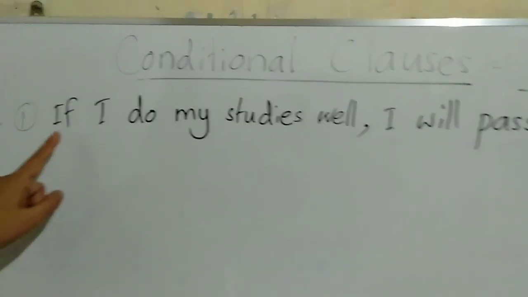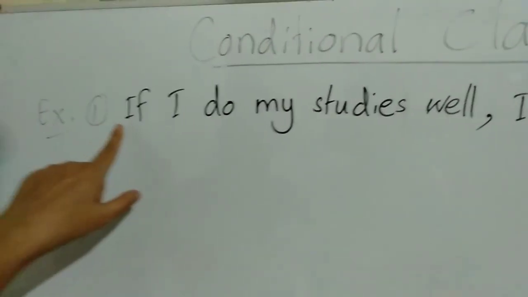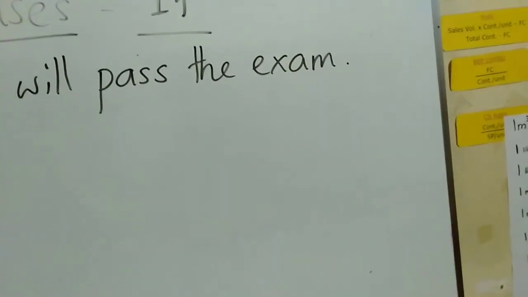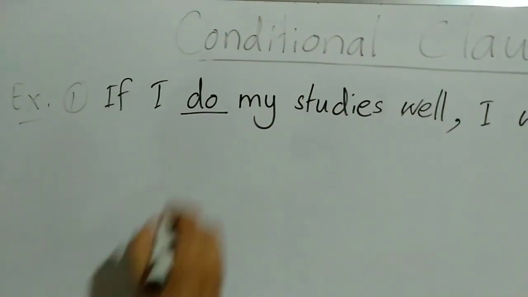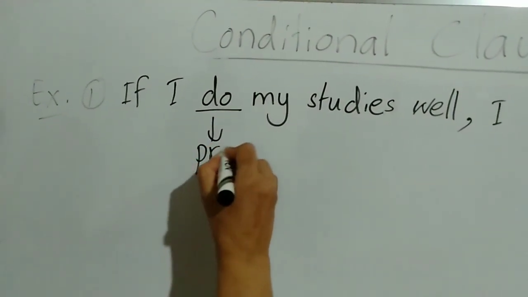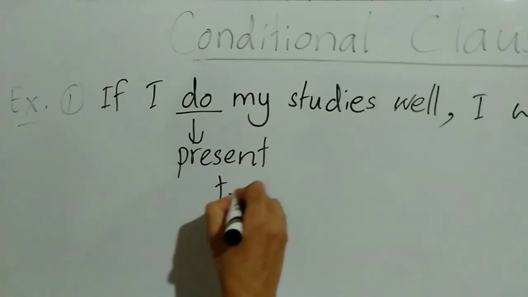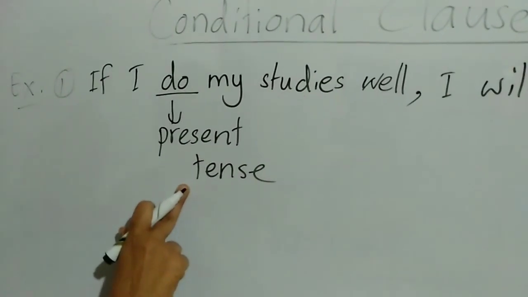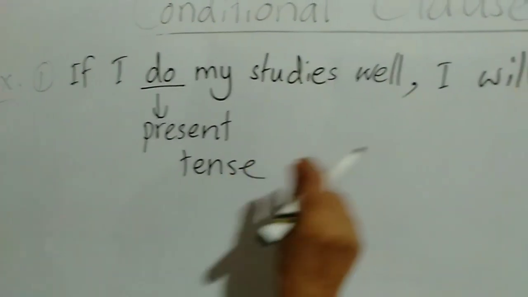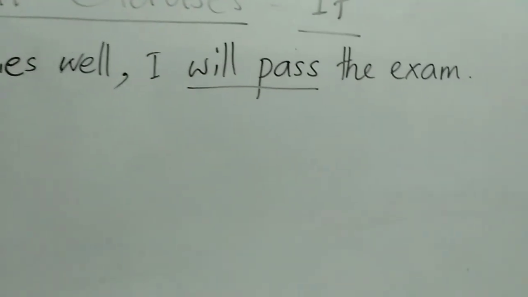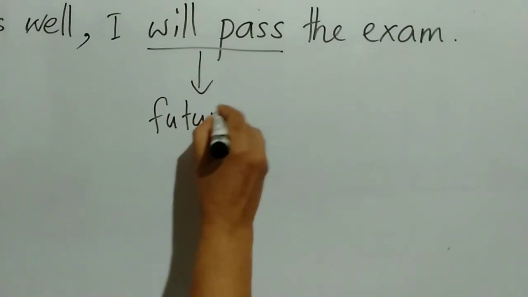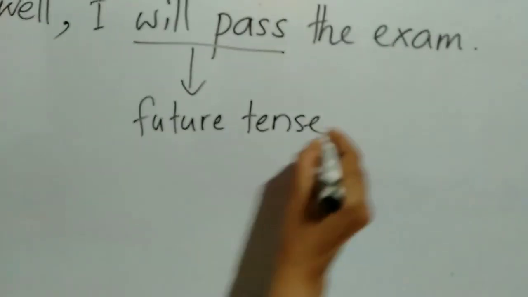Okay, I'll describe this example. If I do my studies well, I will pass the exam. Okay. Here you notice the verb do, present tense. The if conditional clause we write with the present tense, and the main clause, future tense.